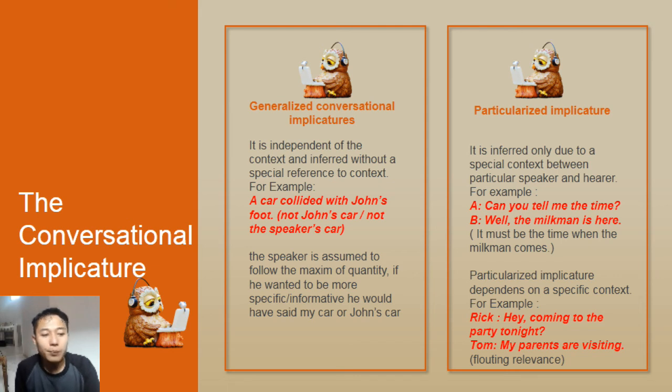It must be the time when the milkman comes. The particularized implicature depends on a specific context. For example, hey, coming to the party tonight? At the time, my parents are visiting.